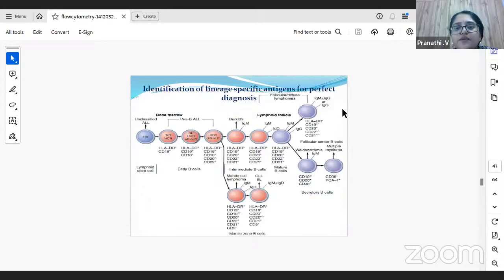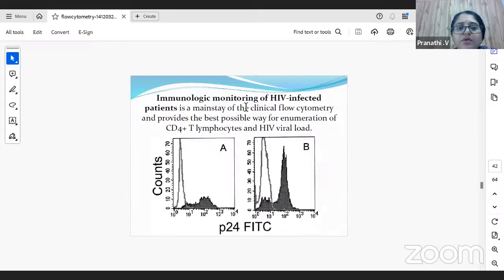Identification of lineage-specific antigens and immunologic monitoring of HIV infected patients. So like I told you, flow cytometry came into existence in the 1980s, wherein CD4, CD8 markers, T cells, helper T cells were used to be identified. So basically, the HIV viral load and the CD4 T lymphocytes were used.